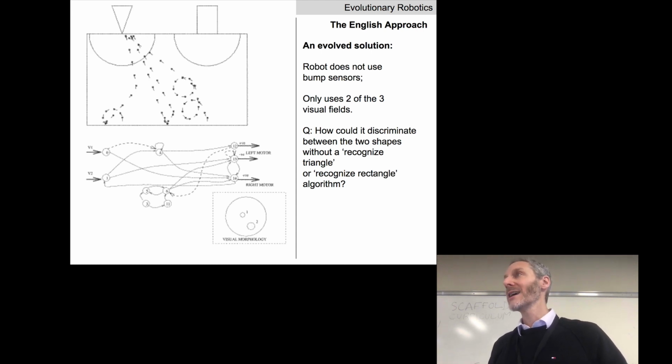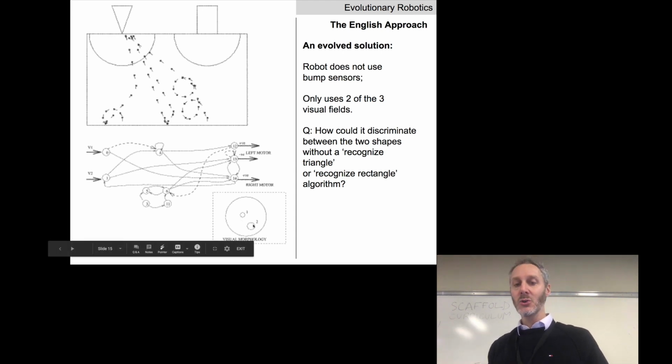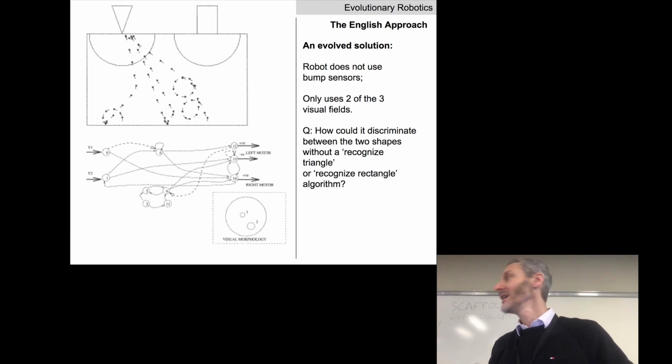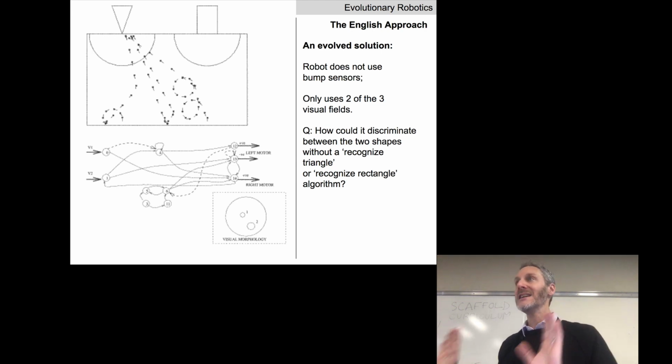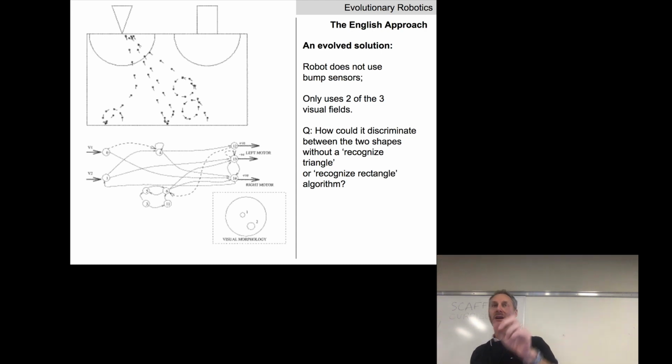If you ask what a rectangle is, it says the same thing: when I move like this, these two circles go dark at this time interval. That is what a rectangle is to me. It doesn't know anything about 90-degree angles and 4 sides versus 3 sides. That's its understanding of what triangles and rectangles are.